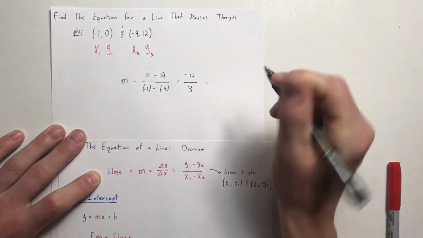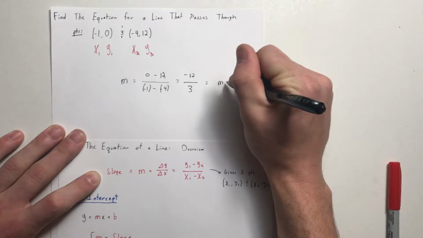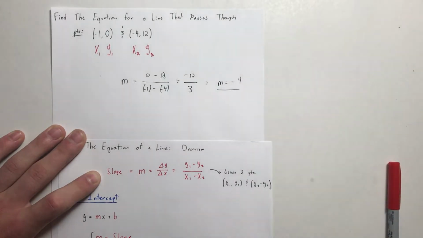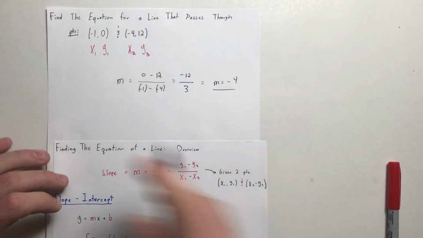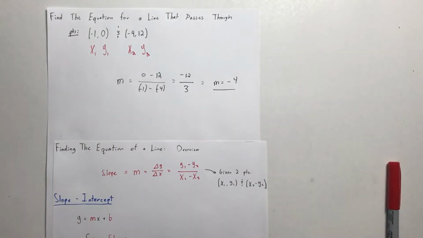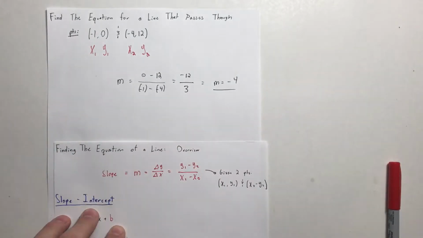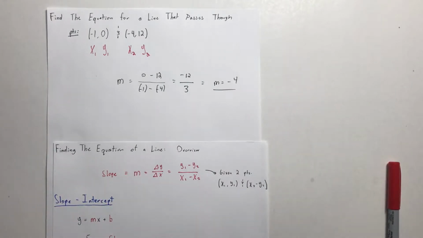So our slope overall is going to be -4. We're going to have a slope of -4. That's how you plug into the slope formula. As you get more practice with this, you won't have to do as much simplification as I did here, but one big rigorous example is probably good.